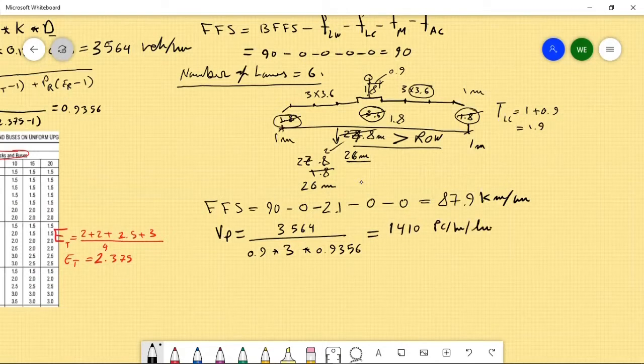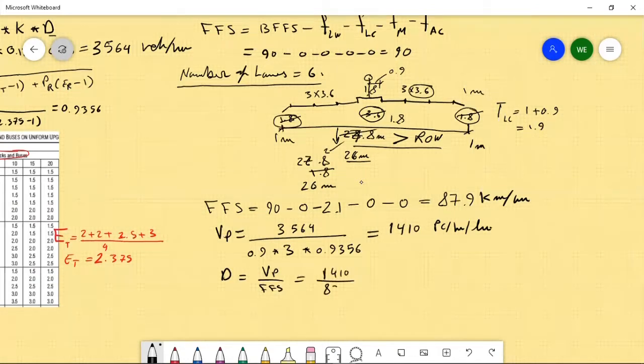And the density in this case will be the VP divided by the free flow speed. So we have 1410 divided by 87.9.